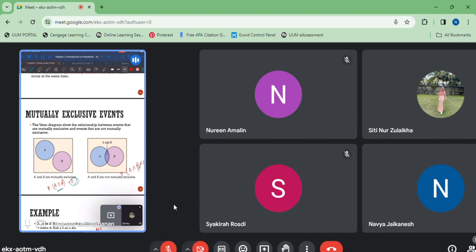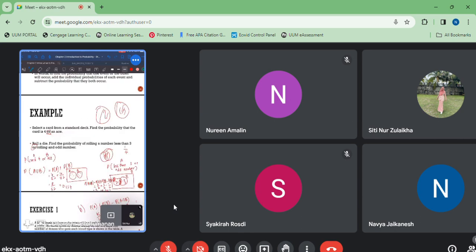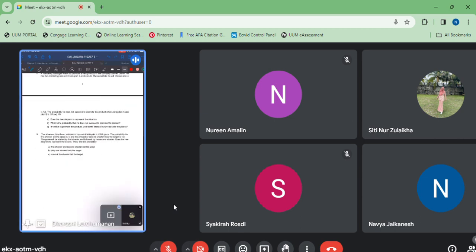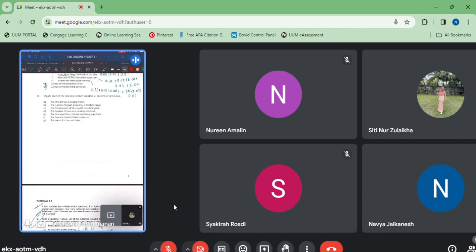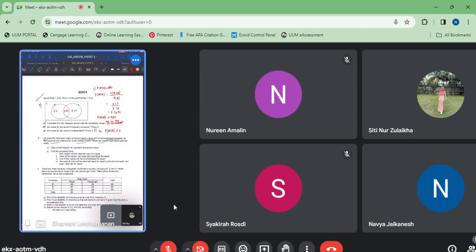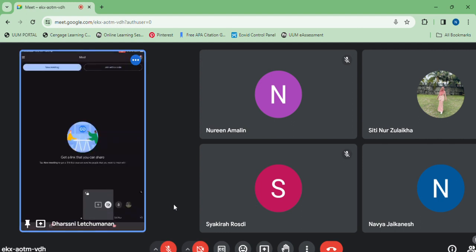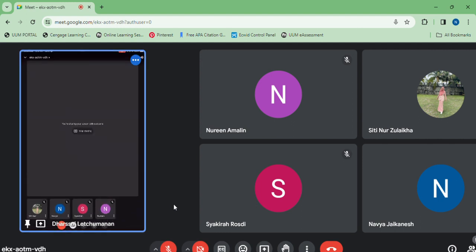If not mutually exclusive, the probability of the two events intersecting is not 0 because it happens. Yeah, so that's all. Now we can go do some exercises. All okay, right? So far, we continue with exercises.